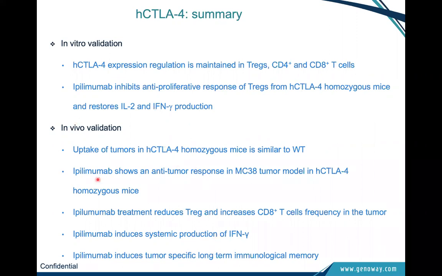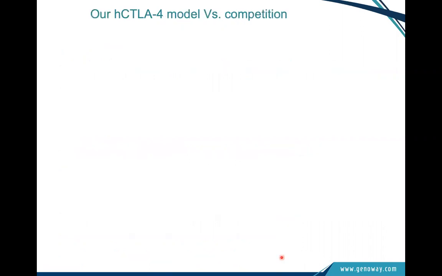The take rate is similar to what you have in wild-type mice, so no deregulation when compared to the immune system of wild-type mice. The model could be used to assess biologics targeting CTLA-4. The mechanism of action that we identified is similar to what has been reported in the literature for ipilimumab, and a long-term immunological response could be triggered in those mice.